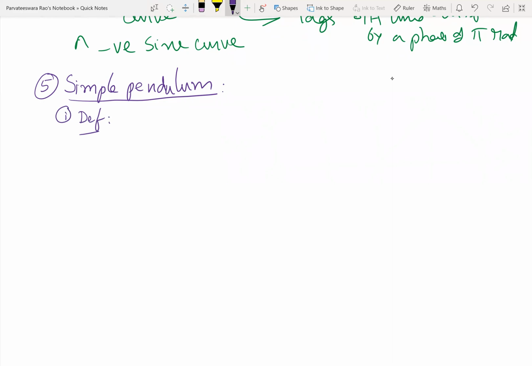A point mass suspended from a rigid support by a tensionless thread is called the simple pendulum.